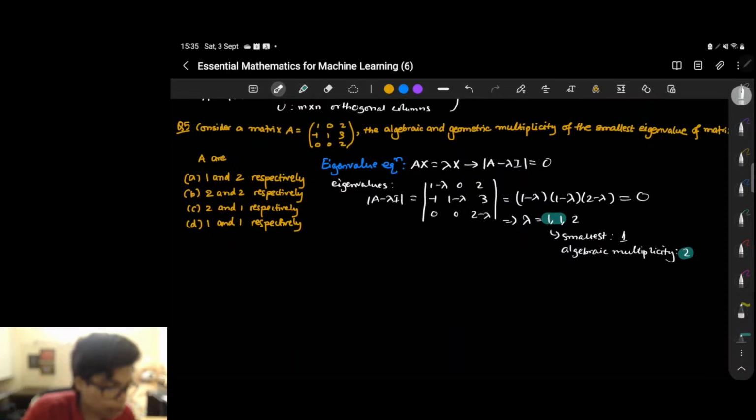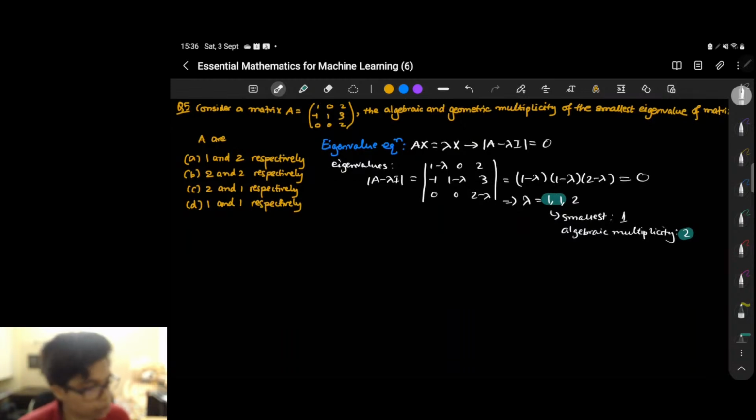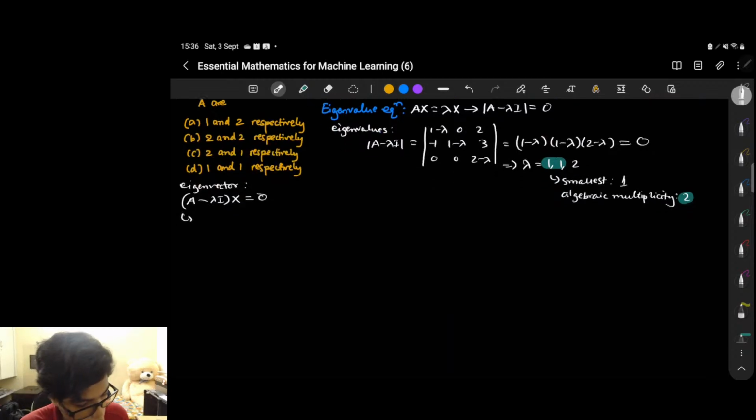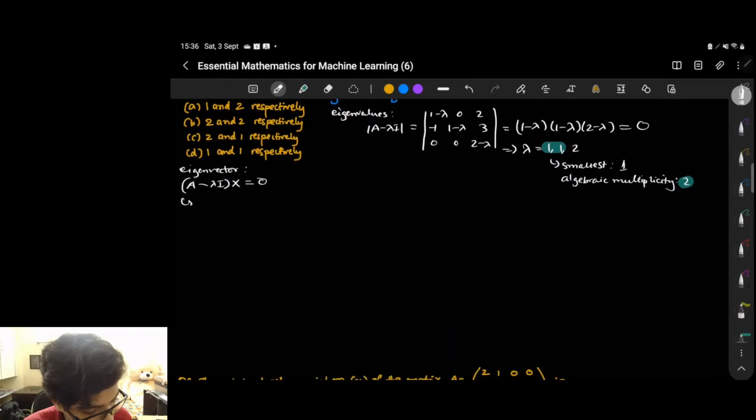Now we need to find out the eigenvectors that will give us the geometric multiplicity. So eigenvectors are found out as follows: A minus lambda I times x equal to 0. We can write this in the augmented matrix form.